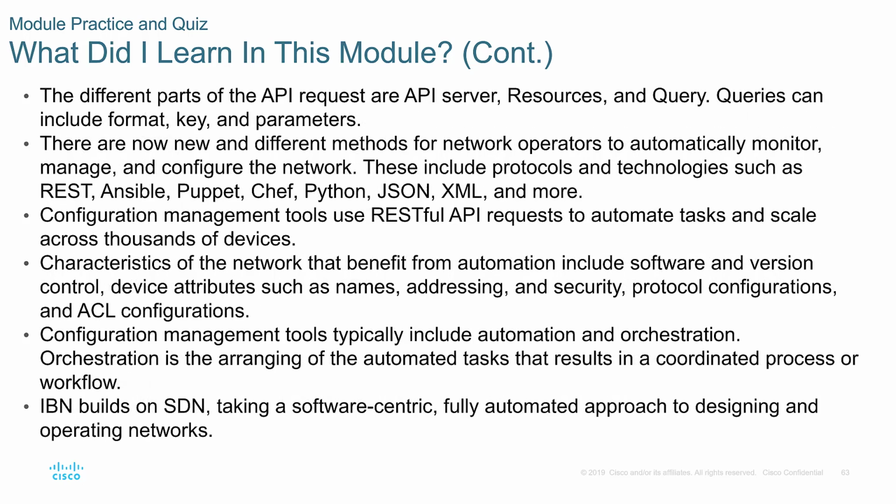We looked at the different APIs and the different protocols and technologies such as REST, Ansible, Puppet, Chef, Python, JSON, XML, YAML, and more. We looked at the configuration and orchestration for the automation tasks, looking at IBN as well as the Cisco DNA Centers, and understanding how the IBN is built on software-defined networking.